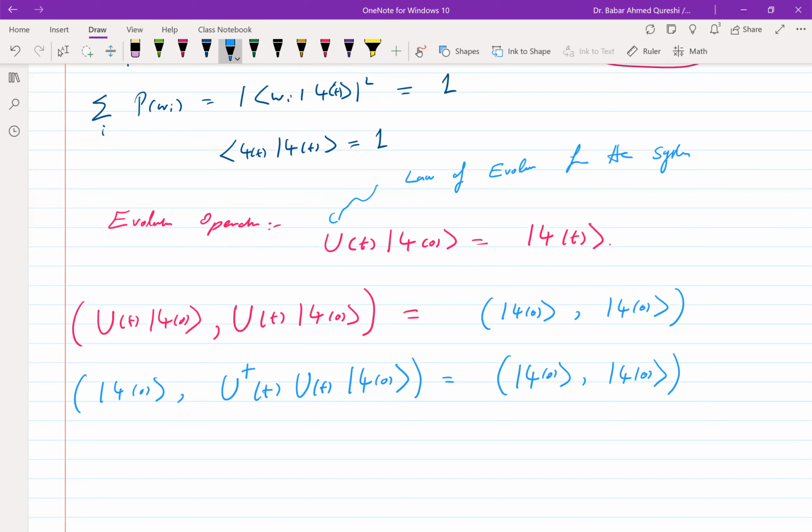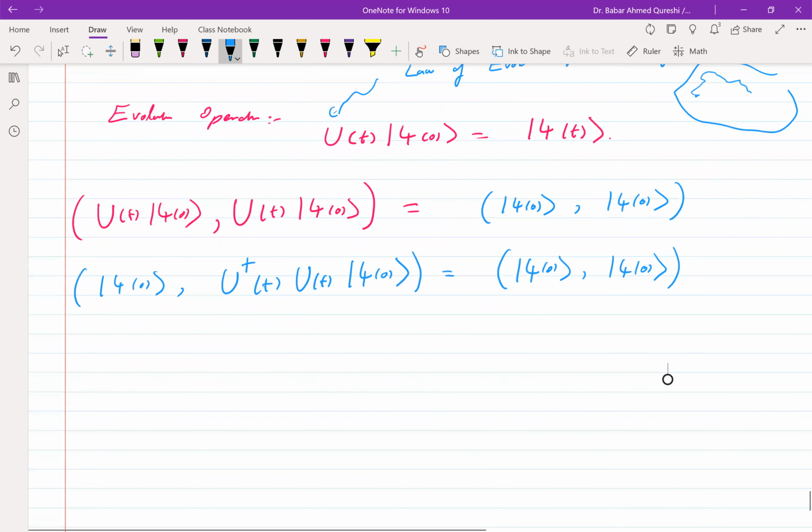Now this should be true for this. I want to pick one law. So it's like giving a law for the evolution. It's giving the dynamics for the quantum system. It should be true for wherever I start. Wherever I take the system, I'm trying to give you one law, one operator, which tells me how it changes.